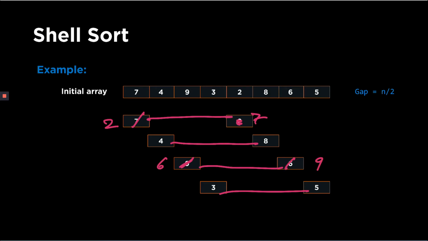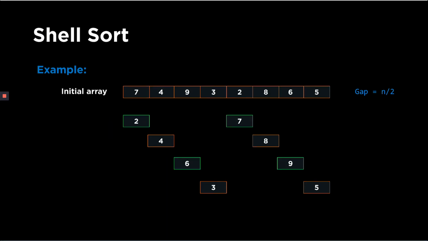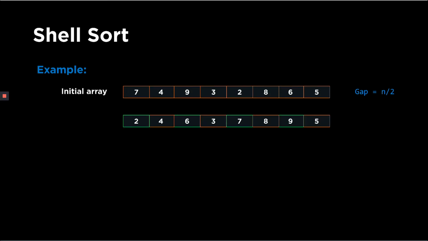And then 3 and 5 are in order, so we don't care. So we have made two changes right here. This is our array at the end of our first pass of shell sort. So this is how it looks. Again, we have made two changes, one right here and the other one right here.